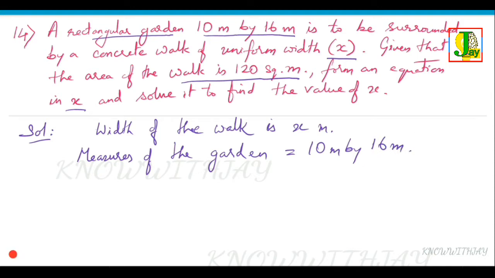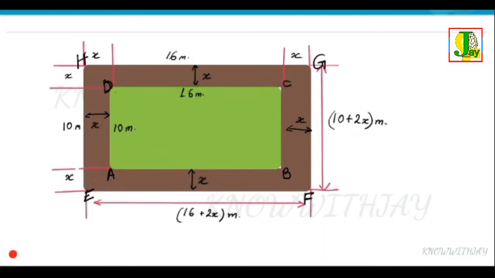Let us try to understand this question with the help of a diagram. In this diagram you can easily find out the measures of the garden, that's 16 meter length, 10 meter breadth, and the width of the walk all around is x meter.